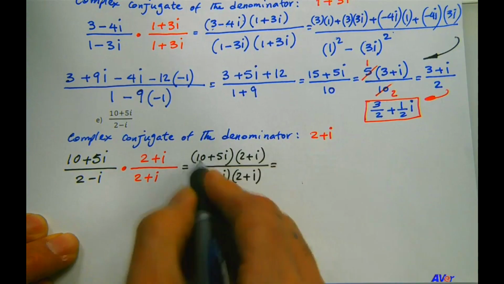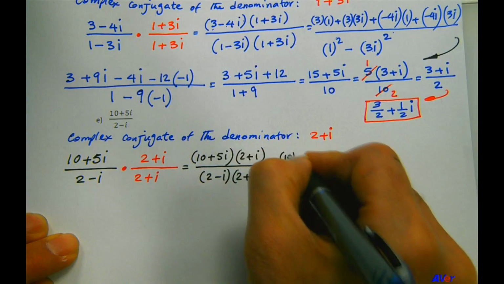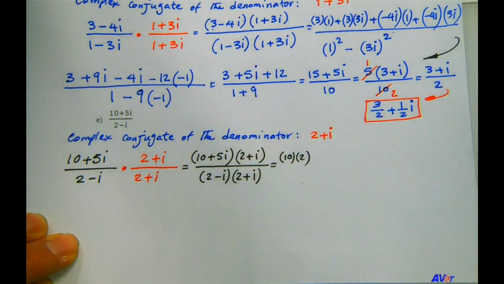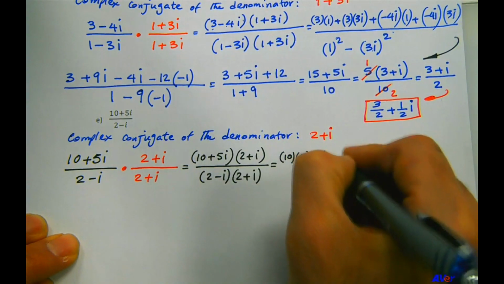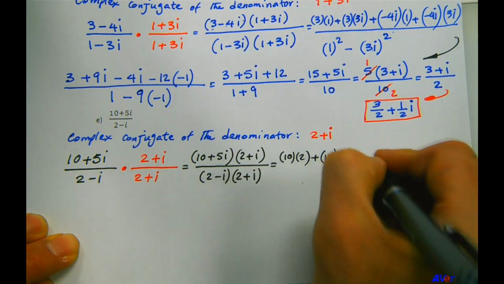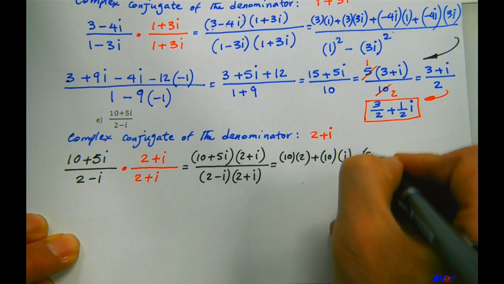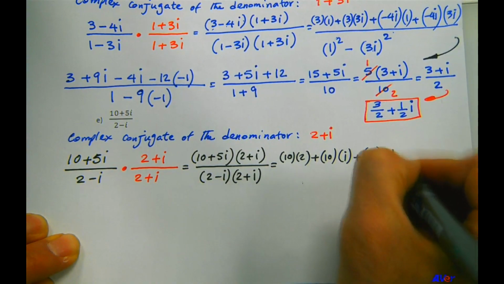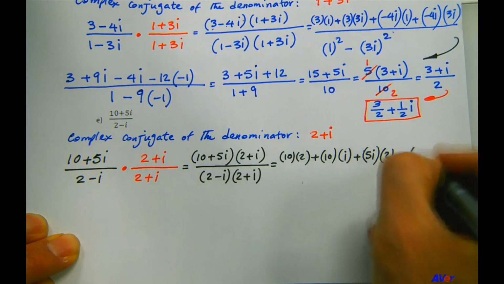Okay, so let's FOIL this. 10 times 2, 10 times i, right, plus 5i times 2, plus 5i times i.